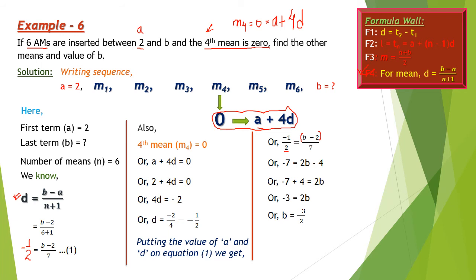So we have our value of a, b and d. Now we can easily find all the remaining means. b is equal to minus 3 by 2. This is part of our answer.